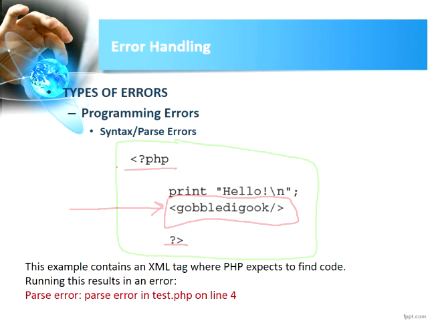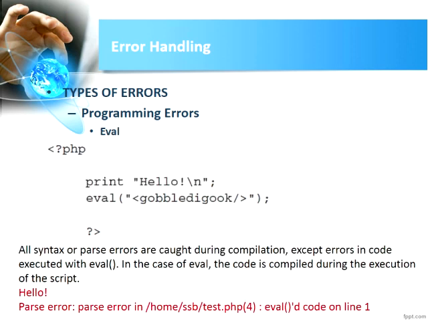So this example contains an XML tag where PHP expects to find code. So running this results in error. So when we run this PHP code, we will find an error like this, parse error in test.php on line 4. This is line 4. It's clear for you this error, it is a parse error. Good.